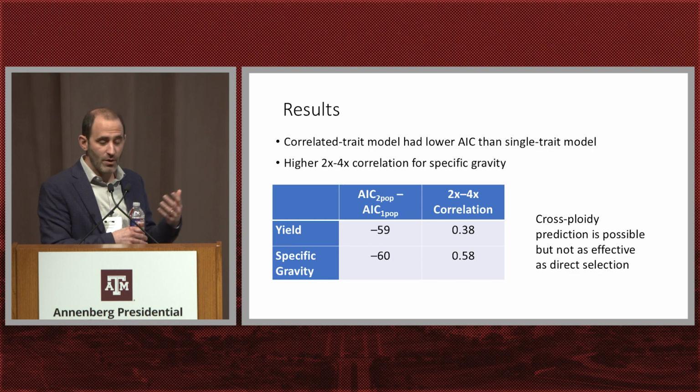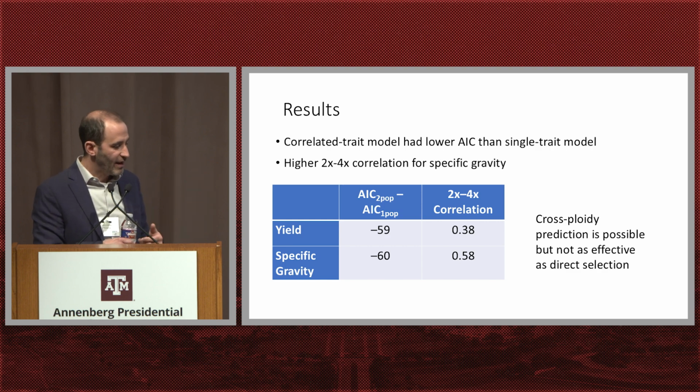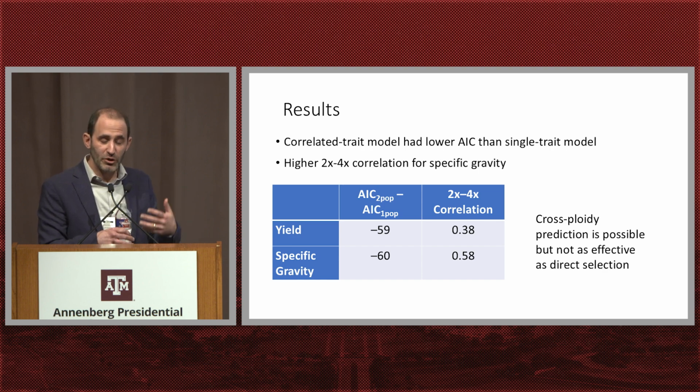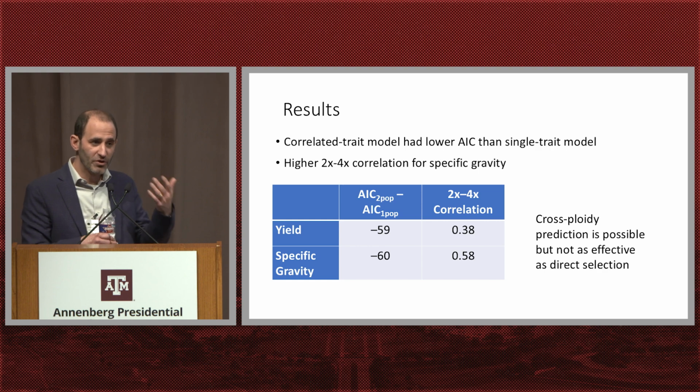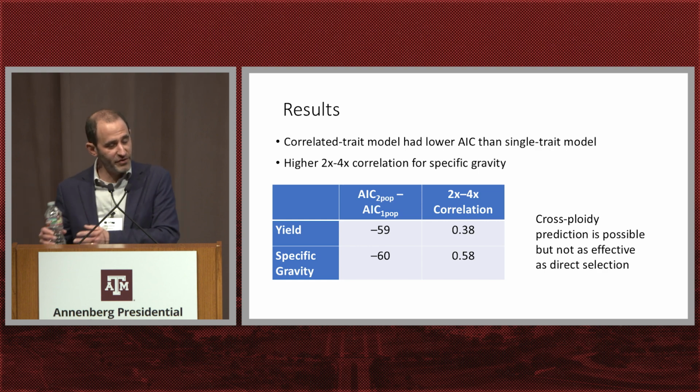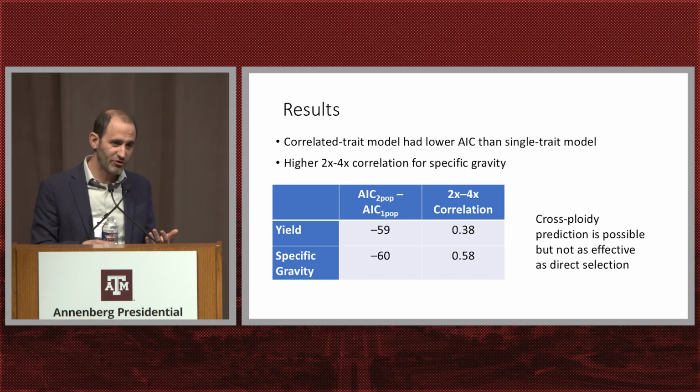And as I just showed you, we don't have higher heritability, at least at this level. So until we build up our diploid training model, there's some benefit, but we're going to be shifting towards a diploid genomic prediction model as soon as we have a comparable training population size.